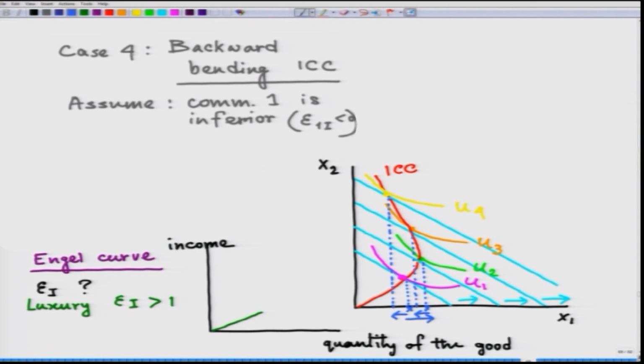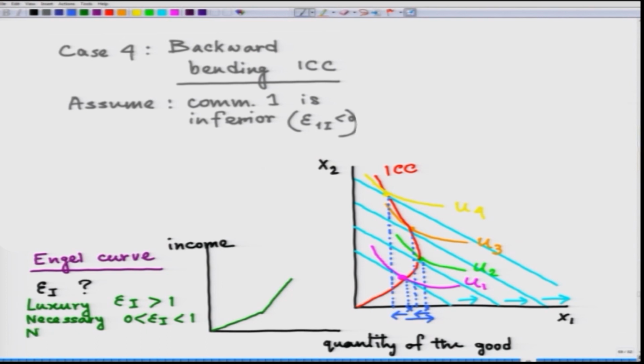Now, let us assume that we are dealing with necessary goods. In that case, the income elasticity of demand is going to be a fraction. In that case, the slope of this line is going to be more steep, and we are going to have something like this.